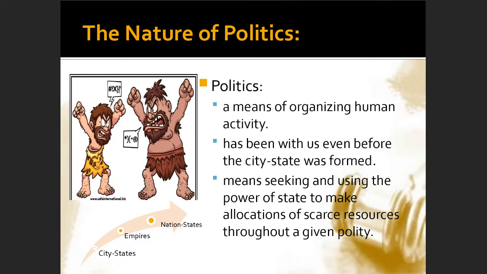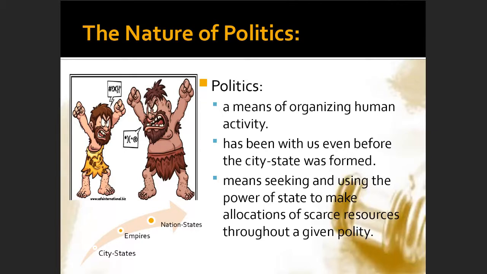For as long as you are trying to organize human activity, like, for example, cavemen would probably say, okay, these people will be the hunters, and you people will take care of the kids. That is already organizing human activity, and that is already politicking. And it also means seeking and using the power of the state to make allocations of scarce resources throughout a given polity.